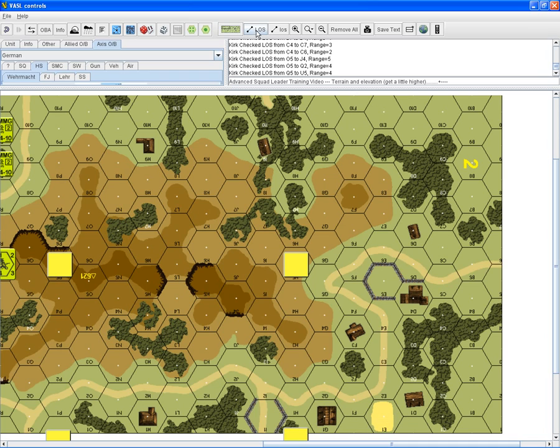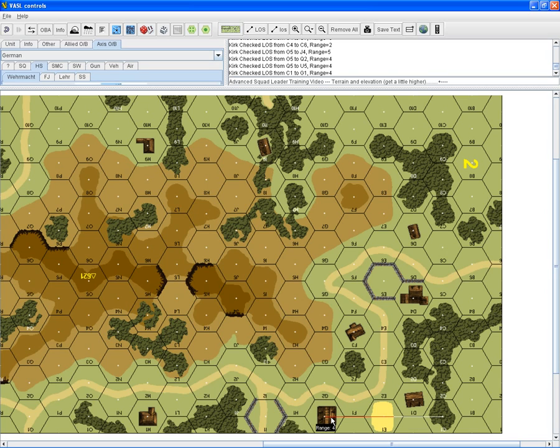Oop, let's go back in our line of sight here, and they can actually see one another, but you notice it's in red, which means there's a hindrance between the two. Hindrance, so you would add +1 for each hindrance of crop, and you would add +2 for the wood building. So if C1 was attacking someone in G1, you would actually add +3 for just TEM, terrain effect modifiers.